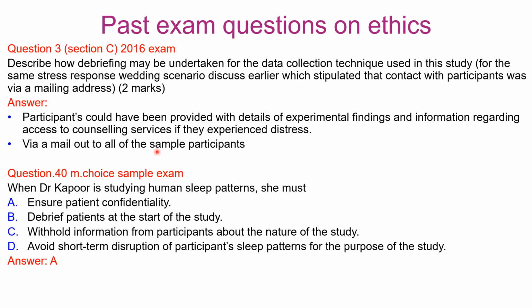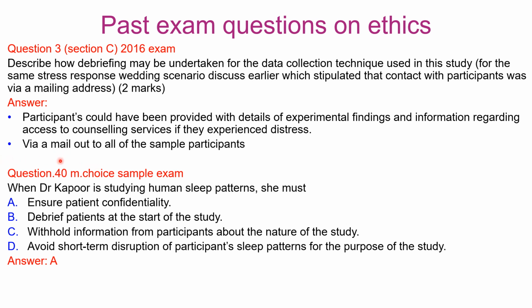A couple of retro questions here on ethics. This first one is asking about how you'd actually undertake debriefings. So it was a lengthy scenario where the only details that the experimenter had was basically their postal address. So VCE were really picky on this one and said that you couldn't just kind of convey via social media.